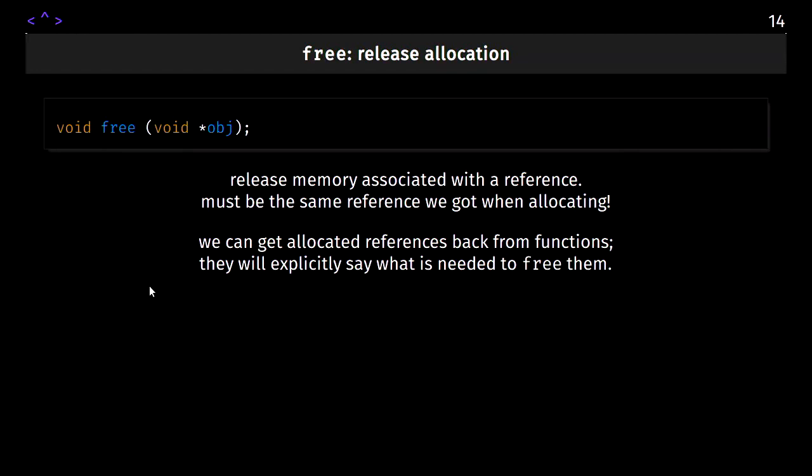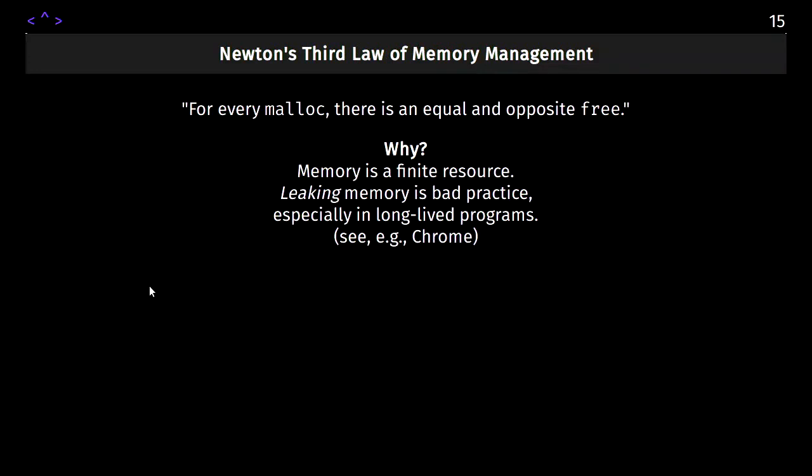Maybe I've given a reference back to some allocation. And usually such a function will tell you in its documentation or elsewhere that you must release its memory somehow. And we could have either functions where they're relatively simple allocations, we can just use free, or they might be more complex, and you need a dedicated function which destroys that allocation.